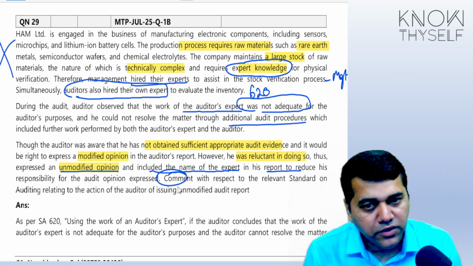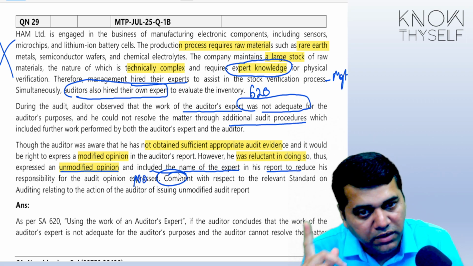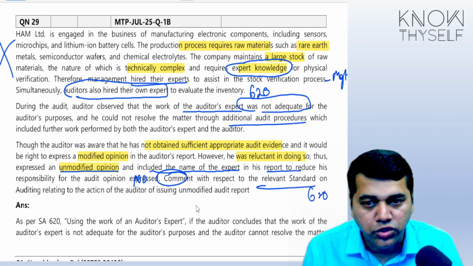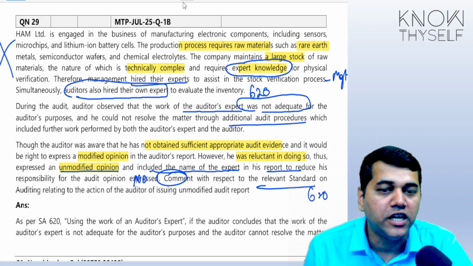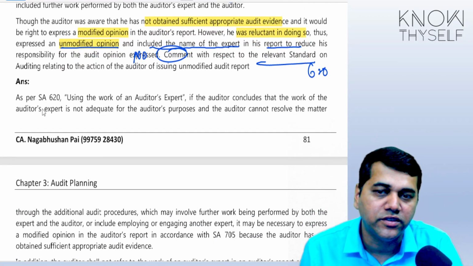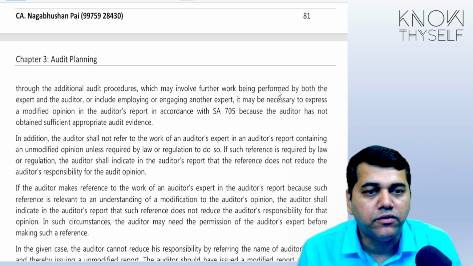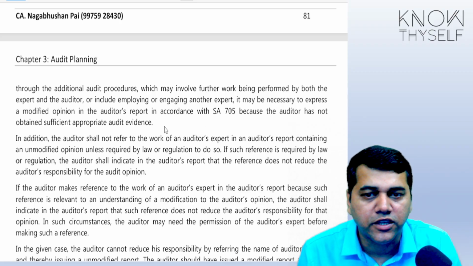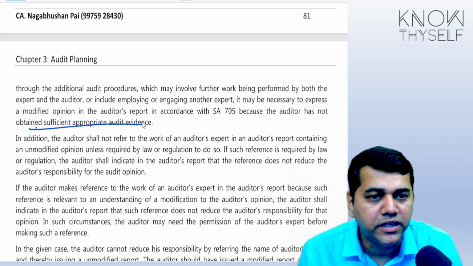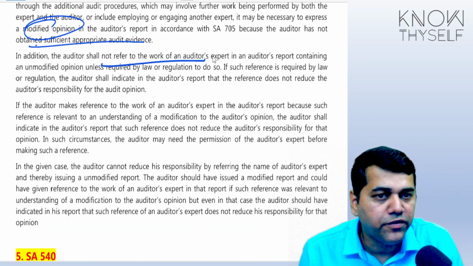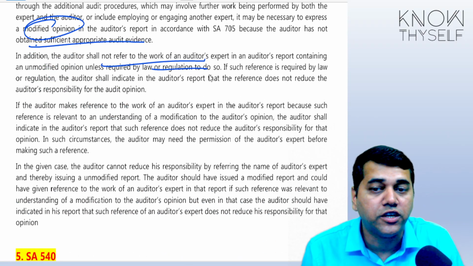Comment: is this work proper? The answer is no. One mark you are going to get. With respect to the relevant standard, SA 620, you have to quote it relating to the audit issuing the unmodified opinion. So in this case, involving the work of an expert, he has not obtained the evidence, so he has to express a modified opinion. He shall not refer to the work of an auditor's expert unless law and regulation require.